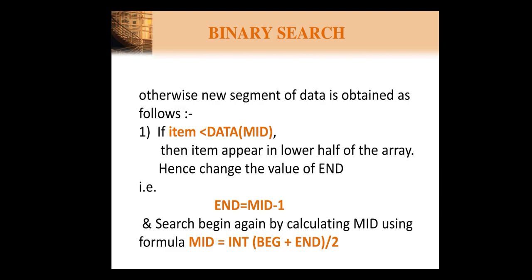It does not compare your element with each and every element of the array like a linear search. What happens in a linear search? You compare the given element with each and every element of the array, right? But in binary search, you are not comparing that element with every element of the array. Instead, you are just comparing your element with the mid value of the array.